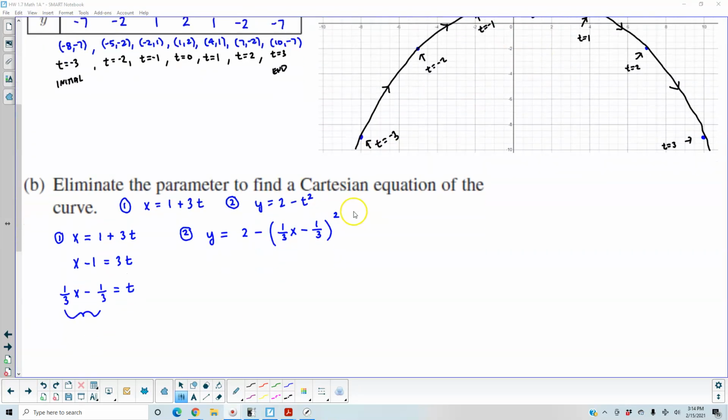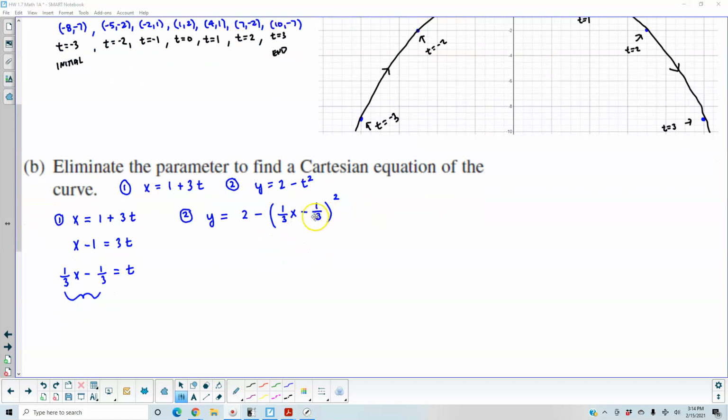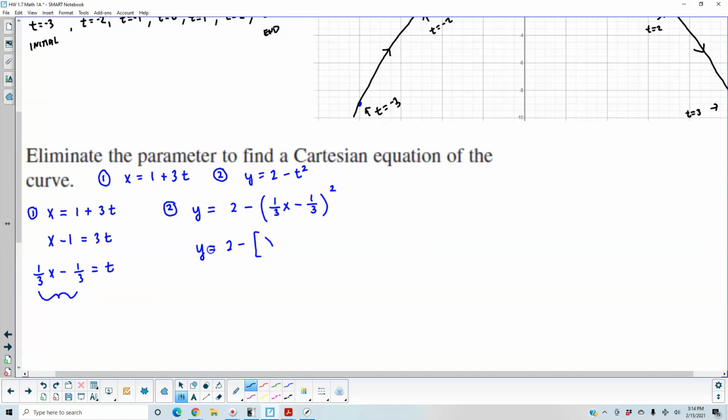So we want to write this in a quadratic form. We don't need to expand this entirely. What we can do is rewrite this as y equals 2 minus, we have 1/3 factored out, (x minus 1) squared.